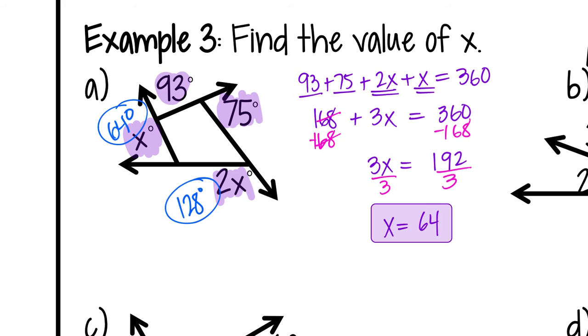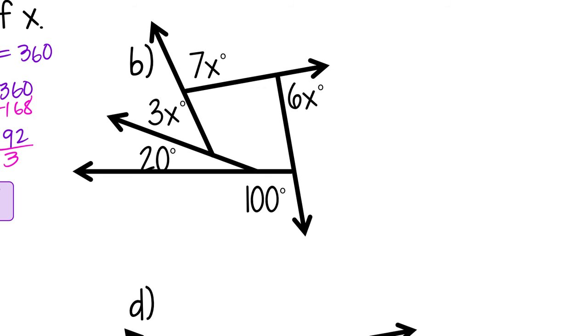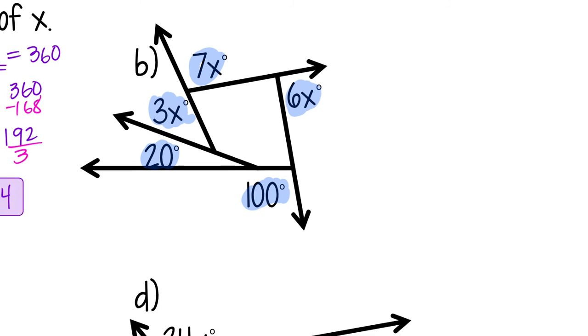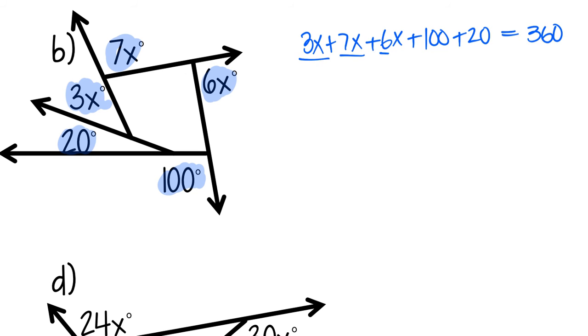Okay, so let's look at another one. Here's my new shape. Make sure that these are all exterior angles, so they're all on the outside. So we're going to add up all of those values and make it equal 360. So 3x plus 7x plus 6x plus 100 plus 20 equals 360. All the ones that have x's, I'm going to put them together. So that's 16x.